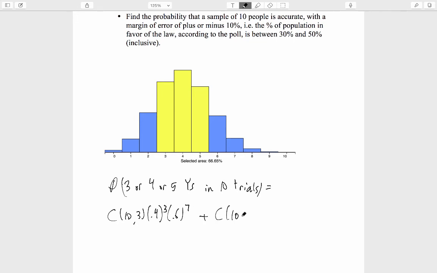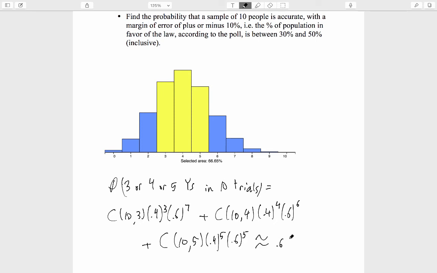Plus the thing we computed earlier, 10 choose 4 times 0.4 to the 4th times 0.6 to the 6th, plus the likelihood of exactly 5 people saying yes when we ask their opinion, 10 choose 5 times 0.4 to the 5th times 0.6 to the 5th. The exponents always have to add up to 10 because we're asking 10 people, or we're flipping a coin 10 times.